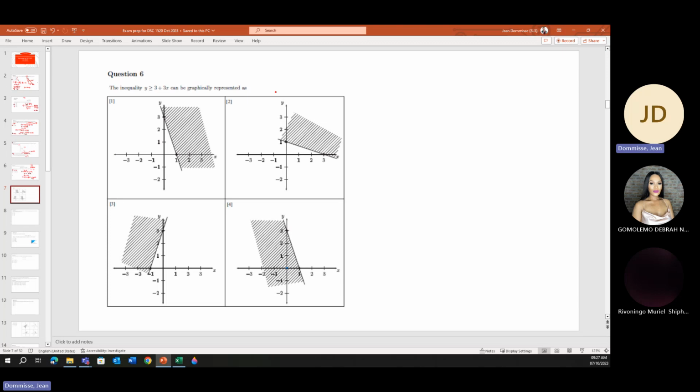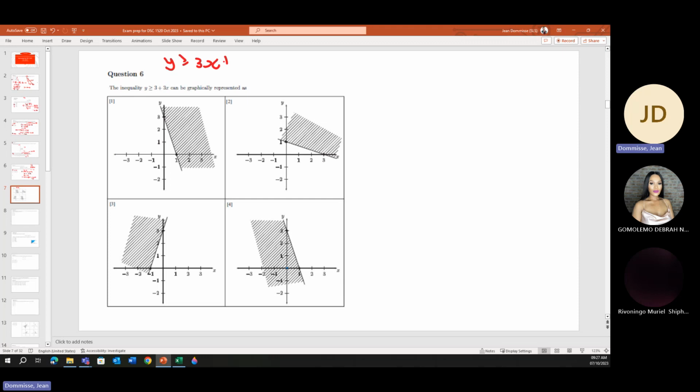Okay, so linear equation. In here, they give us an inequality, and they ask which one of these below is the graphical representation of that. So the first thing I would do is to say, okay, we get y bigger or equal to 3x plus 3.